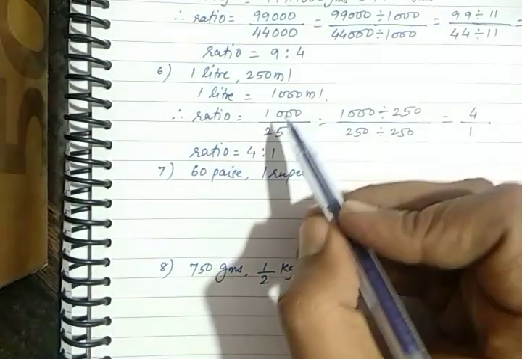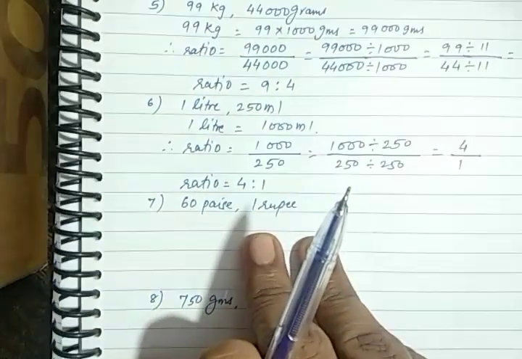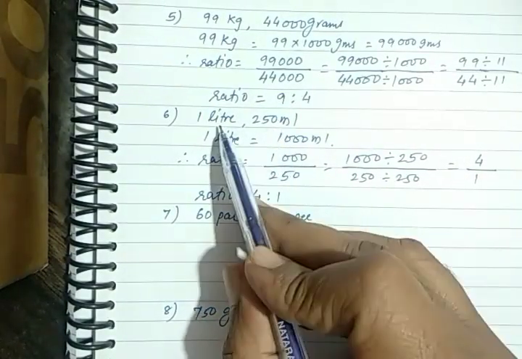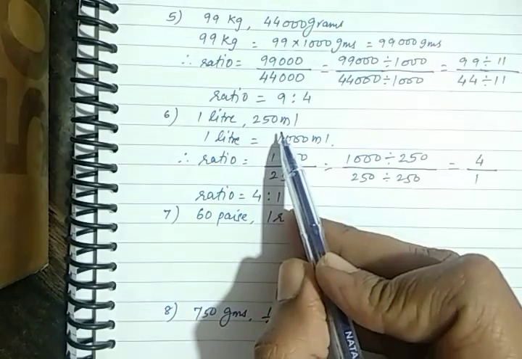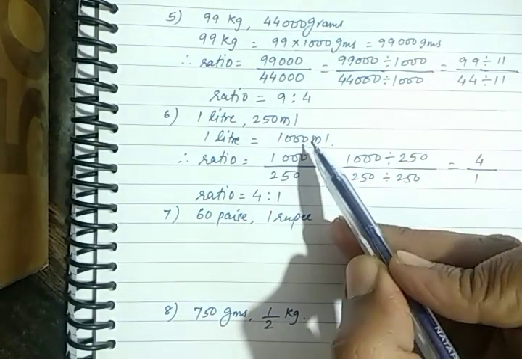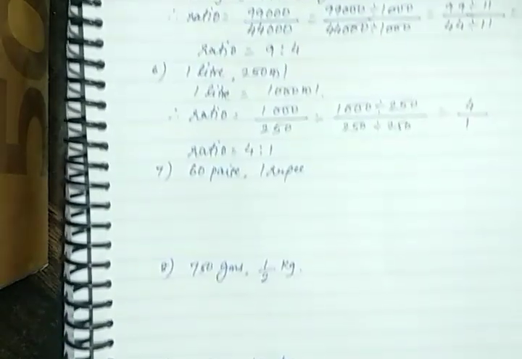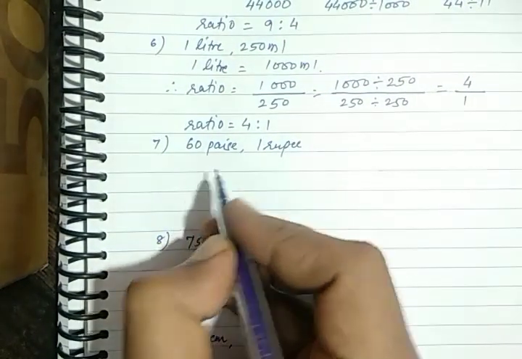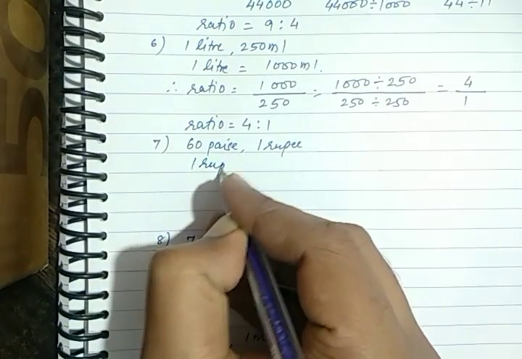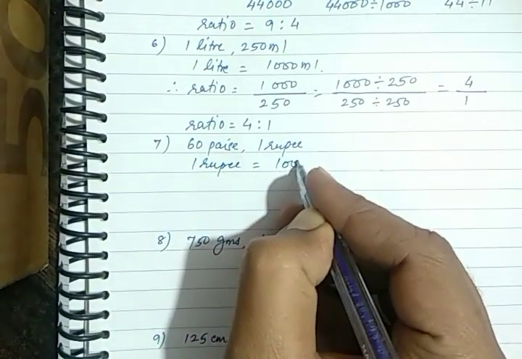So remember students, I'll repeat again, as we also discussed in the previous class, when two quantities have different units, we need to make them into the same unit. Then only you can find the ratio. Now moving to the next one, same rule here, 60 paise and 1 rupee. I will convert 1 rupee into paise. So it becomes 100 paise.